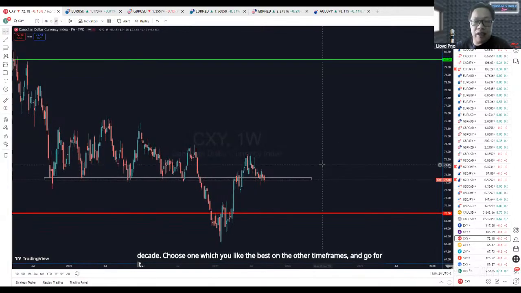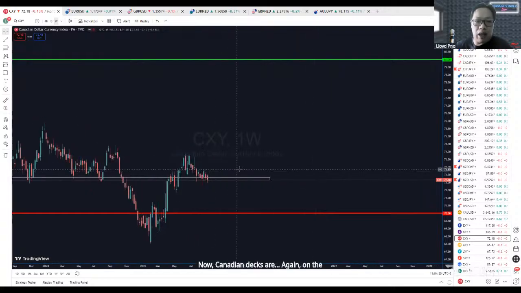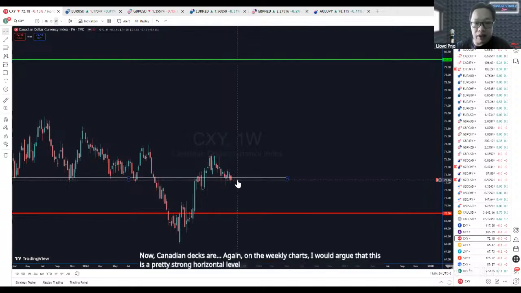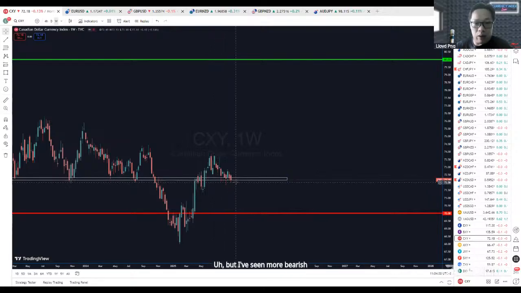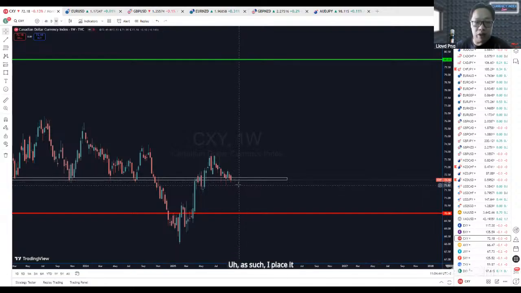Now the Canadian dollar, again on the weekly chart. I would argue that this is a pretty strong horizontal level, a very strong support level. But I've seen more bearish bars than bullish bars over here. So I don't know how long price is just going to wobble around here. As such, I place it right in the middle. I don't know where it wants to go.